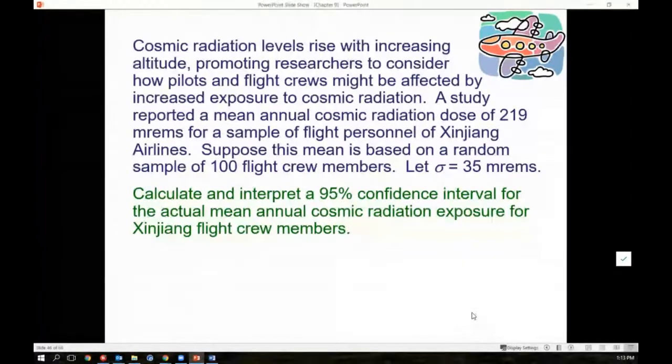We don't want the sample standard deviation, we want the population one. Calculate and interpret a 95% confidence interval for the actual mean annual cosmic radiation exposure for the Xinjiang flight crew members.